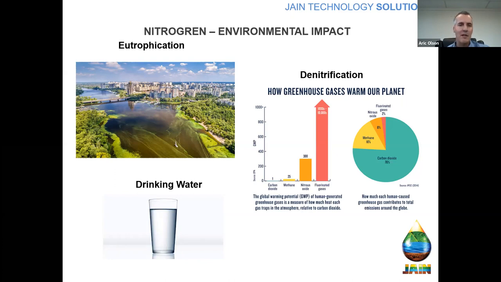Another big issue in the Central Valley of California is managing our drinking water. The government drinking water standard has a limit of 45 parts per million on nitrates in drinking water, and above that there are serious health consequences and issues. We have many wells in the Central Valley that are at or near that level.